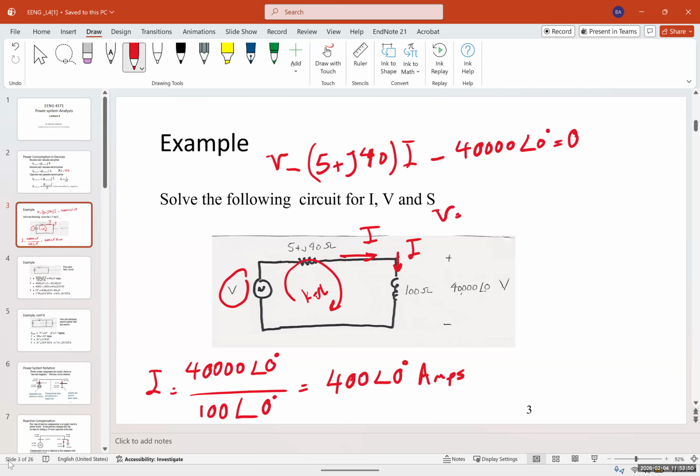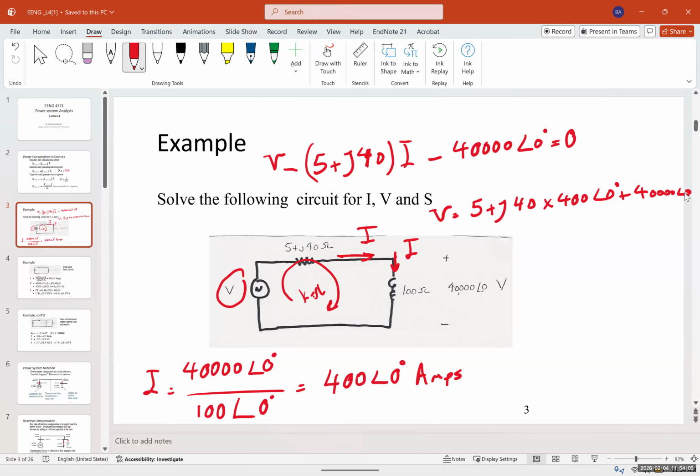So V would be equal to (5 plus J40) times 400 with a degree of 0 degrees plus 40,000 with a degree of 0 degrees. So if we convert this, what did you get for this?